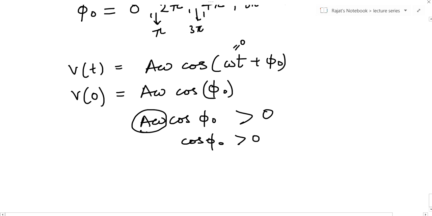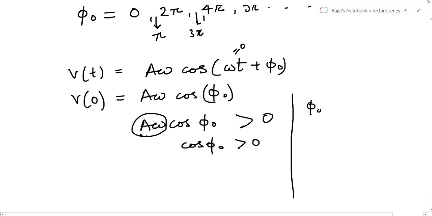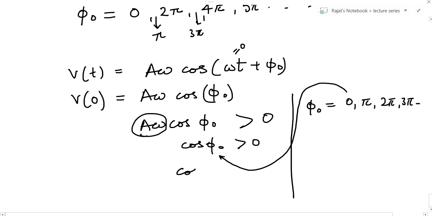Now what were the values of phi naught that we have? Phi naught is equal to 0, or it can be pi or 2 pi or 3 pi and so on. If I put phi naught as 0, I will get cos 0, and cos 0 is nothing but 1, and 1 is a positive number.